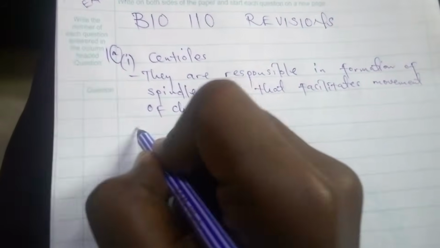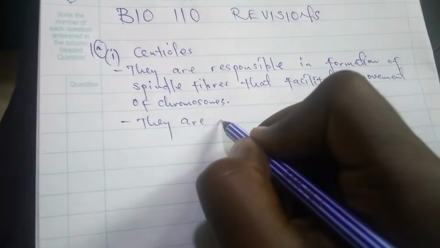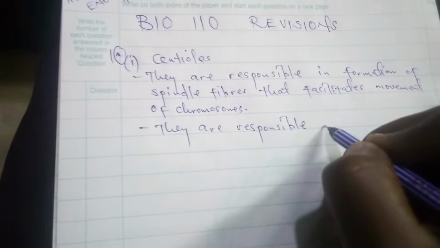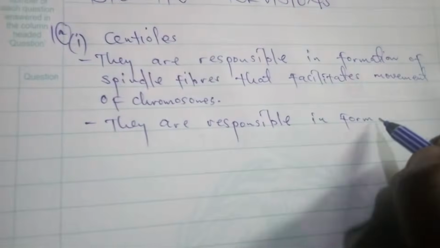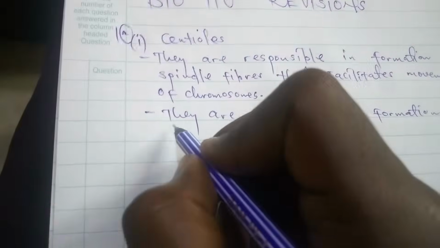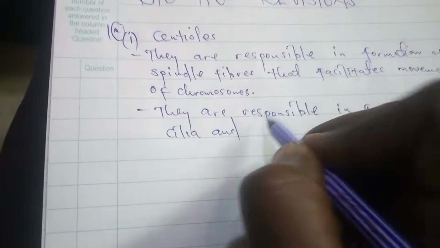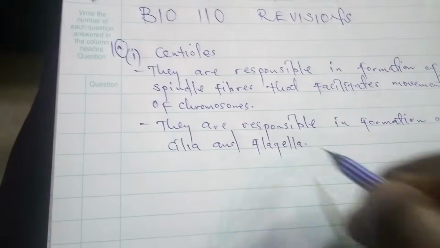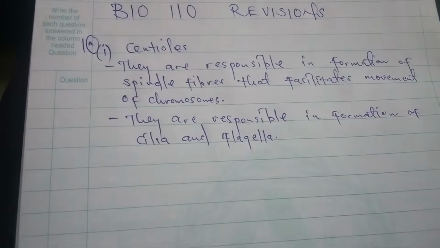The second one is that they are responsible in formation of cilia and flagella. So by writing these 2 points, they are going to award you 2 marks.